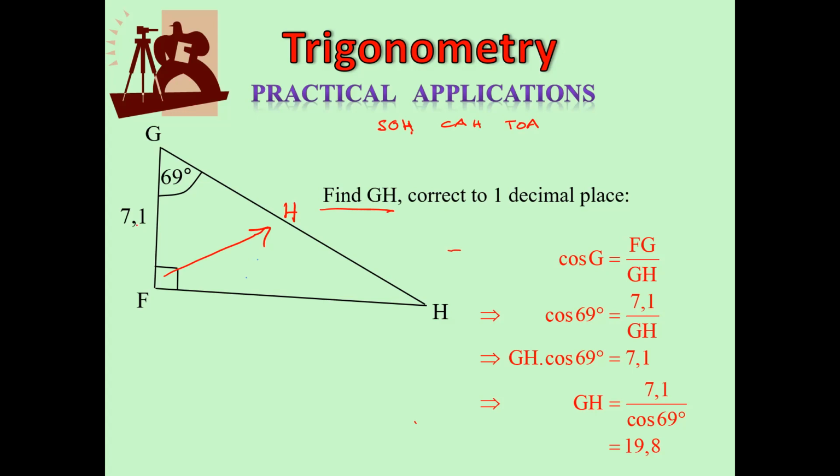If I look from 69, the 7.1 is actually the adjacent side, so we're going to call it A. And opposite 69, FH is actually the opposite side. But the question is to find GH. So if I'm going to find GH, I have to use H, which is your hypotenuse, and I'm not going to use O because the adjacent side is given. So we're going to use adjacent and the hypotenuse: adjacent because it's given, hypotenuse because that's the question.